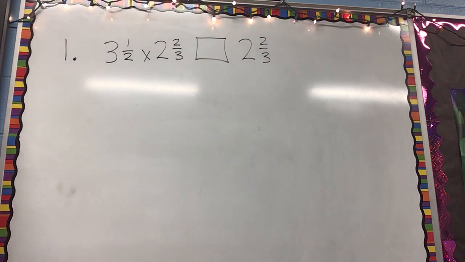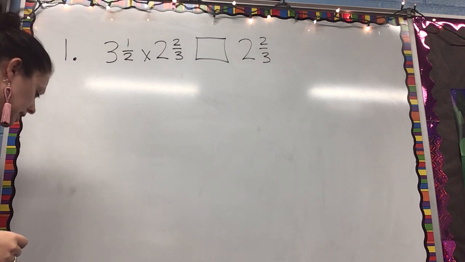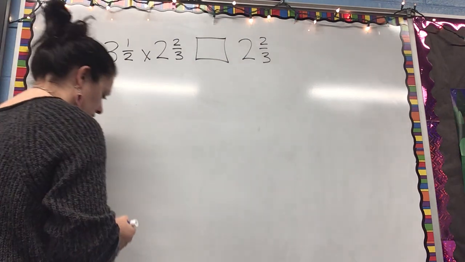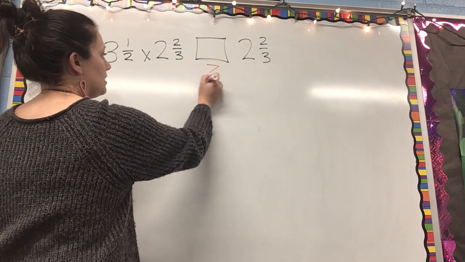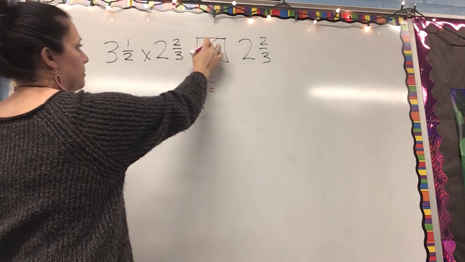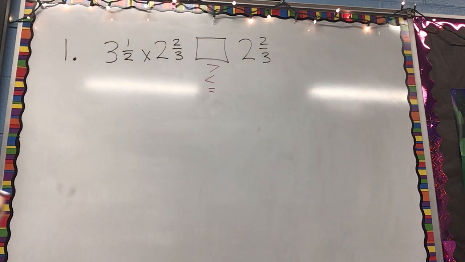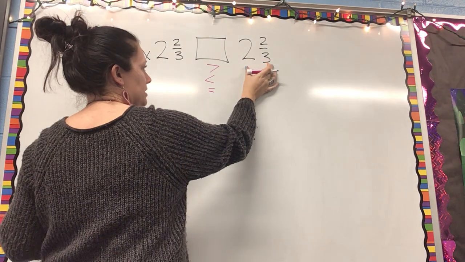Number one. They want to know, in this box, am I going to use the greater than, less than, or equal symbol? So now this side we have a what? What kind of number is this?